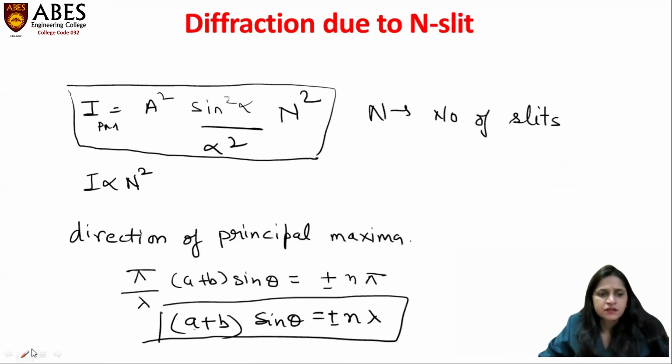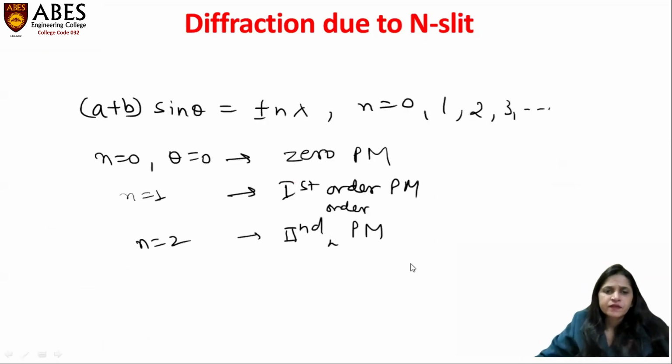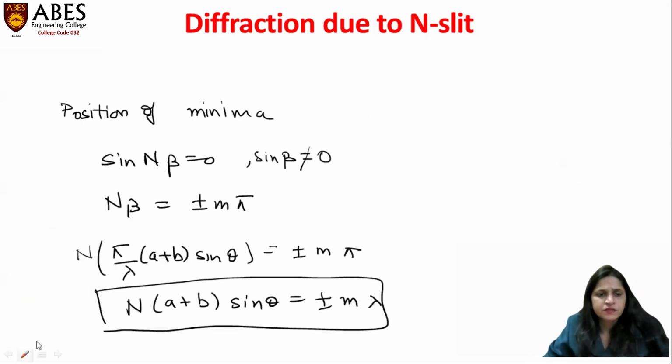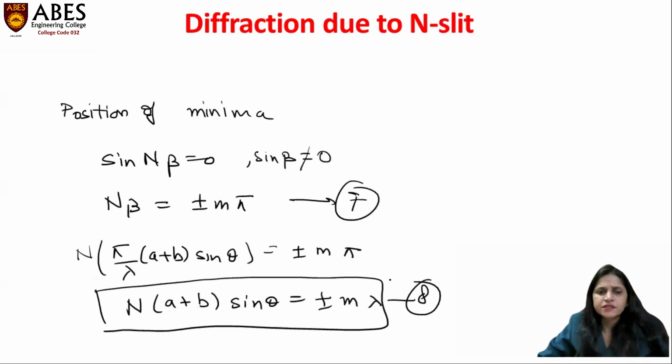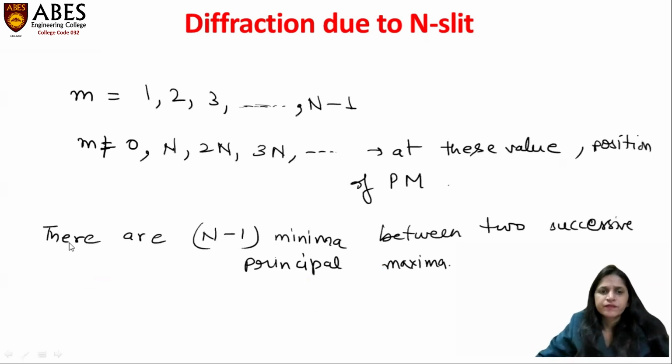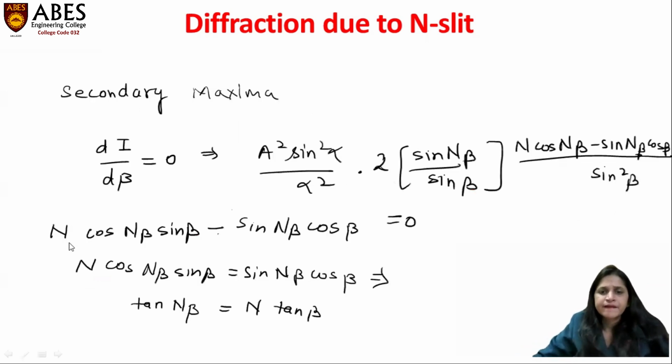Then this is equation number 5, the intensity for principal maxima, 6. Okay. This is equation number 7 for position of minima. This is 8.